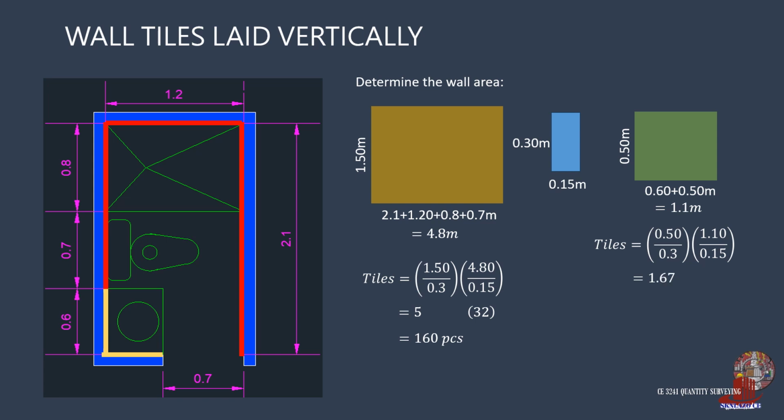These are simplified as 1.67 and 7.33. 1.67 is rounded up as 2, and 7.33 is rounded as 7.5, which when multiplied makes 15 pieces. The total number of tiles is then 175 pieces.